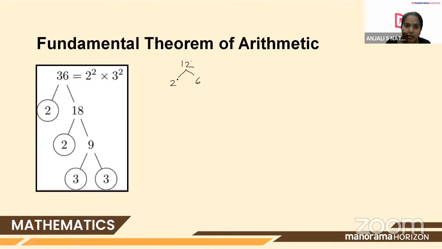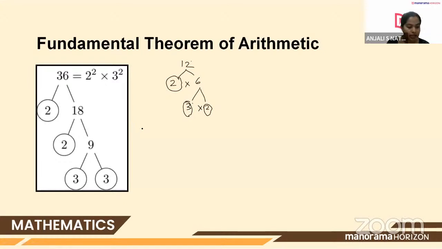Here 2 is a prime number, so we can select 2. But 6 is not a prime number, so we have to factorize 6 again. How can we write it? 3 into 2. So 3 is a prime number and 2 is a prime number.